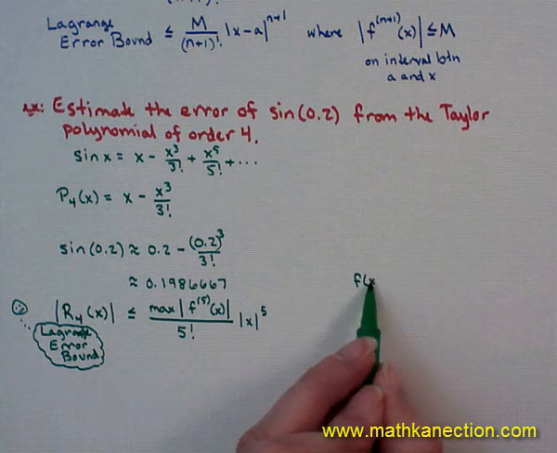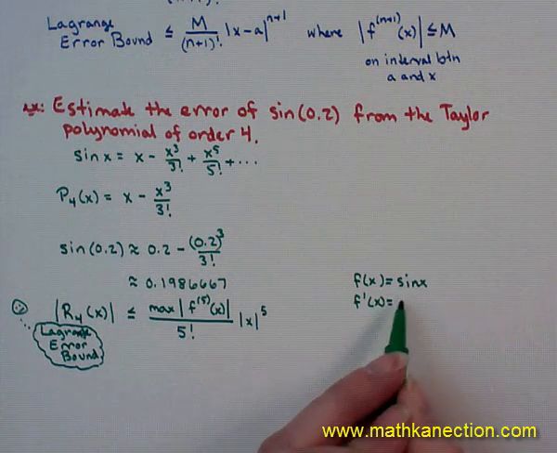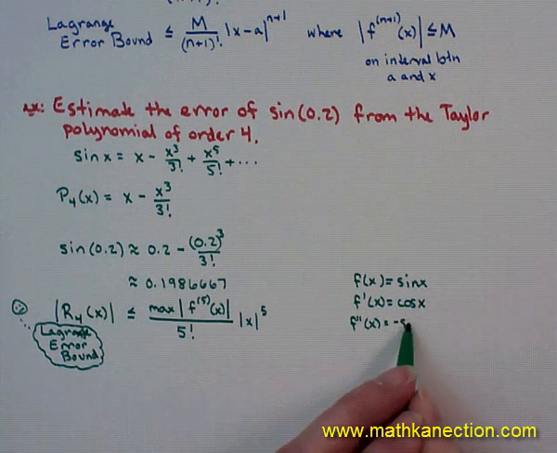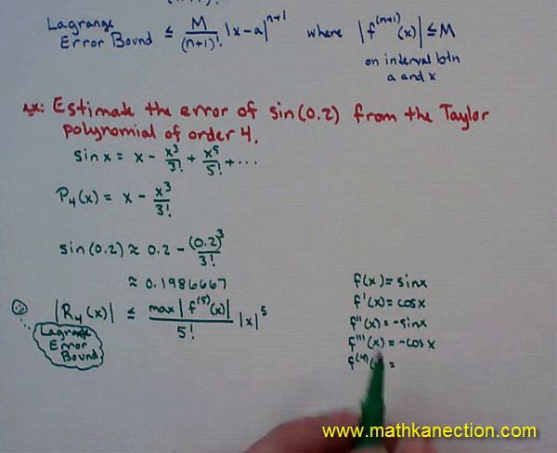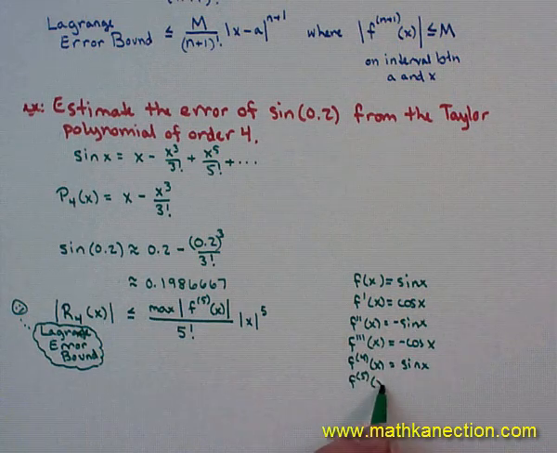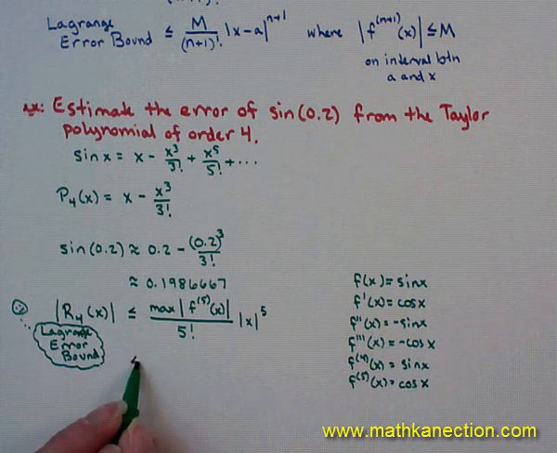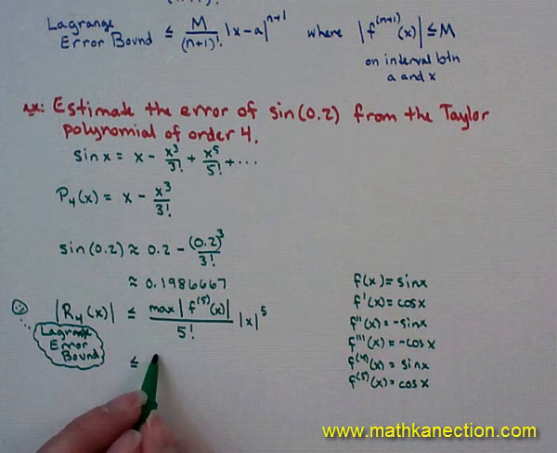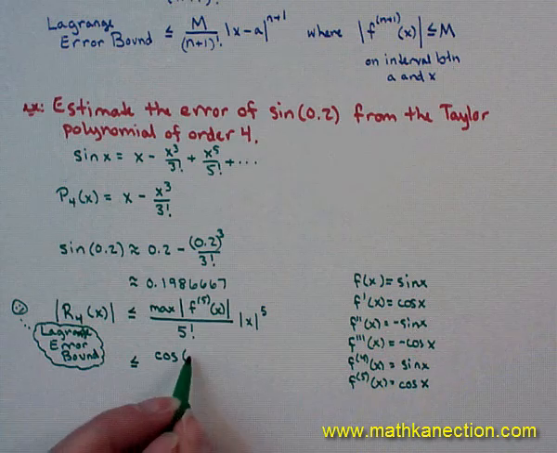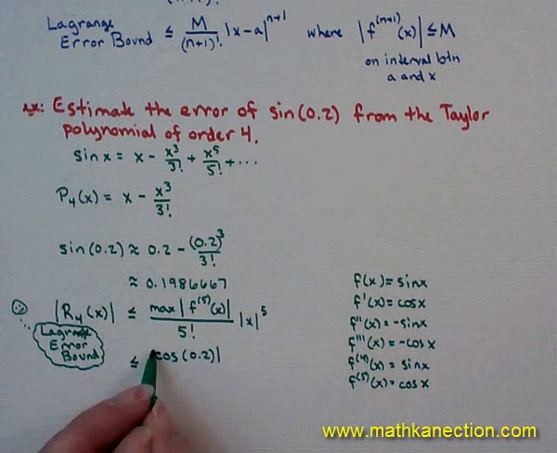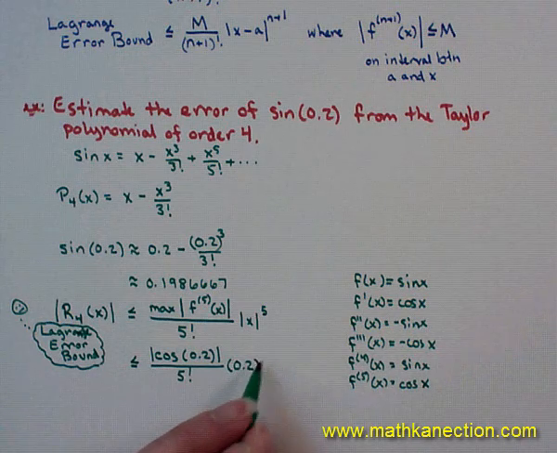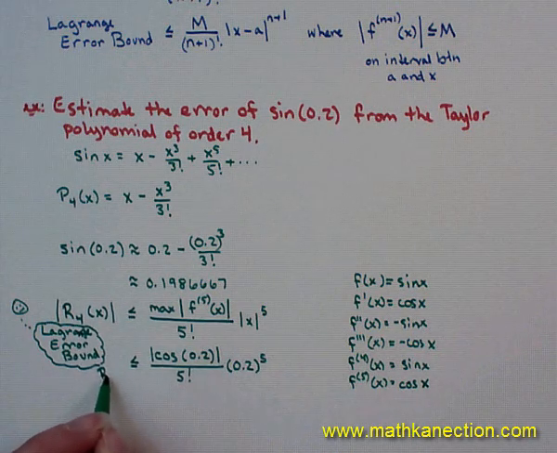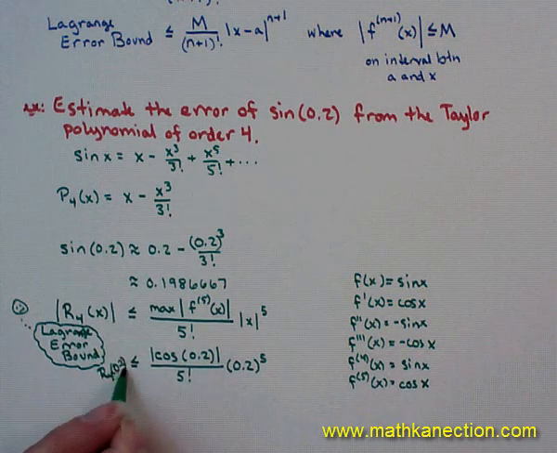To get the fifth derivative, just take the derivative of sine to get cosine, that derivative to get negative sine, derive again to get negative cosine, derive again to get sine, and the fifth derivative is cosine. So we're looking for the maximum of the absolute value of cosine of 0.2 over 5 factorial multiplied by 0.2 to the fifth. And that's going to be the error.